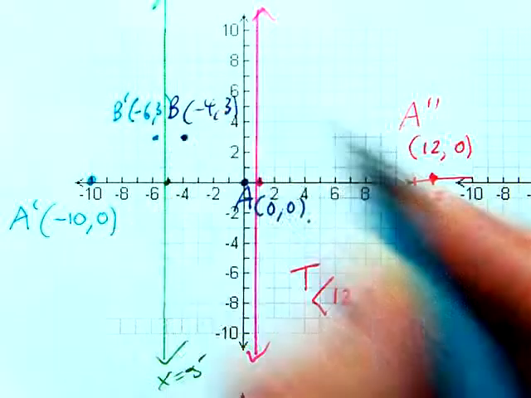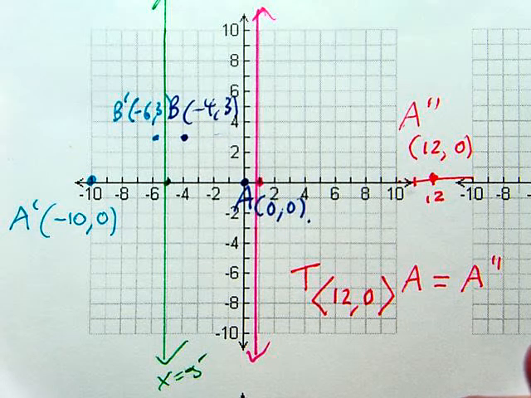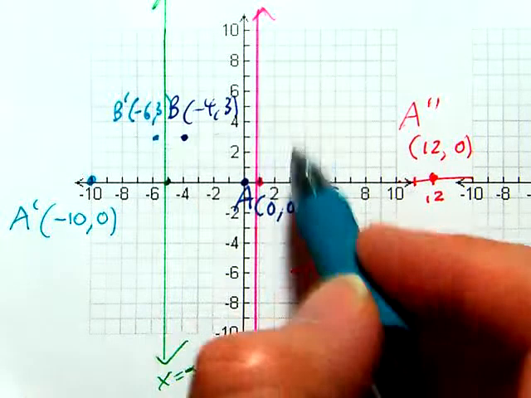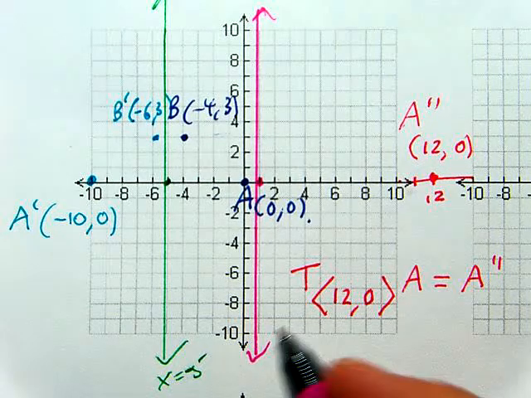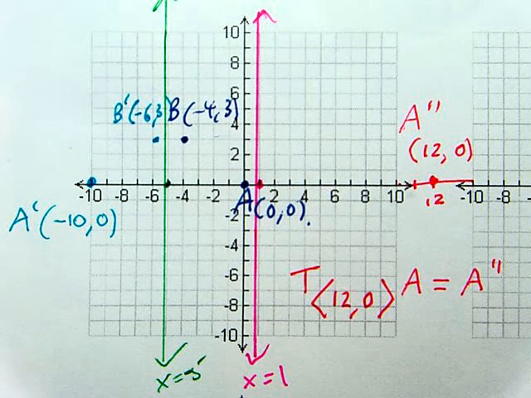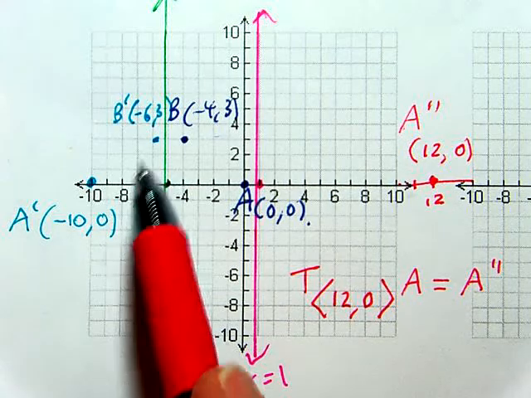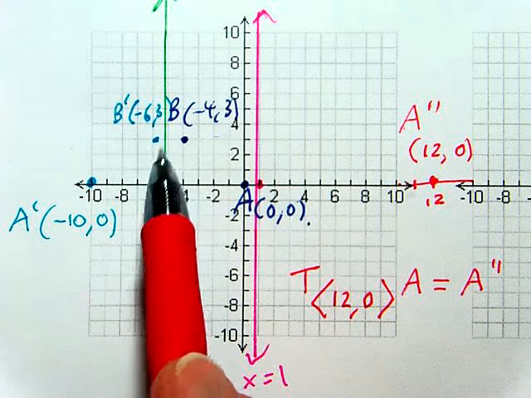Now to find B double prime, we have to reflect B prime over this line here, x equals 1. Let's see how far to the left B prime is.